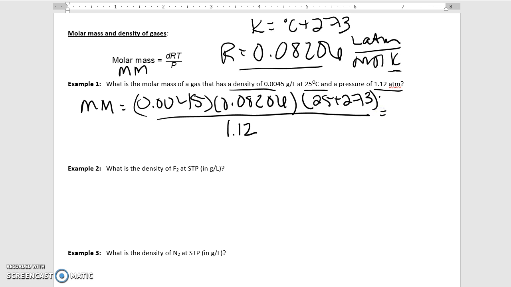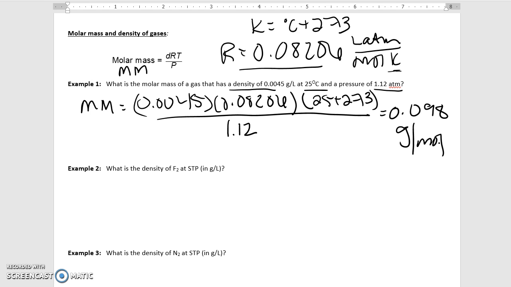Once I multiply across the top and divide by the bottom, we're looking at an answer of about 0.098. Your units for molar mass are always going to be the number of grams per 1 mole. So mass is in grams, and then you've got a mole of something.